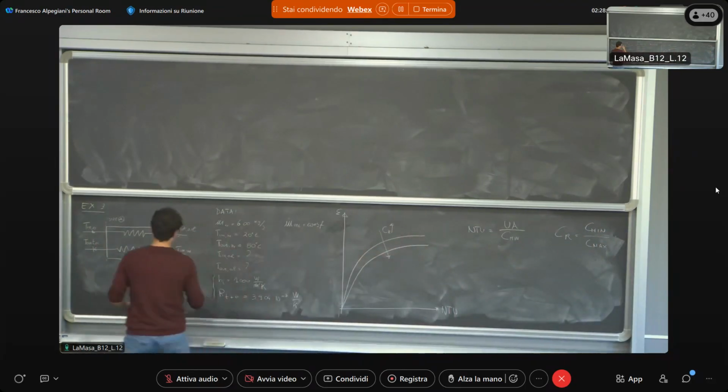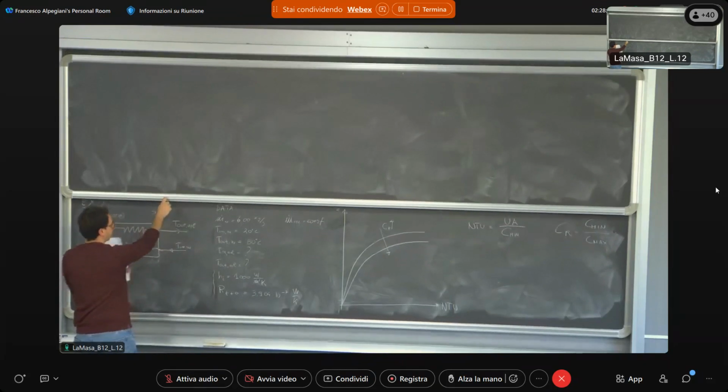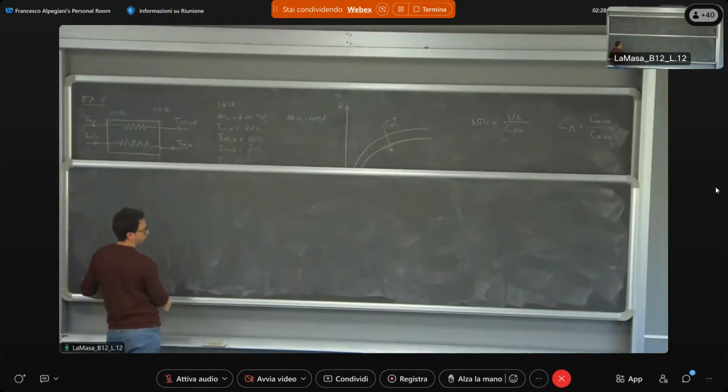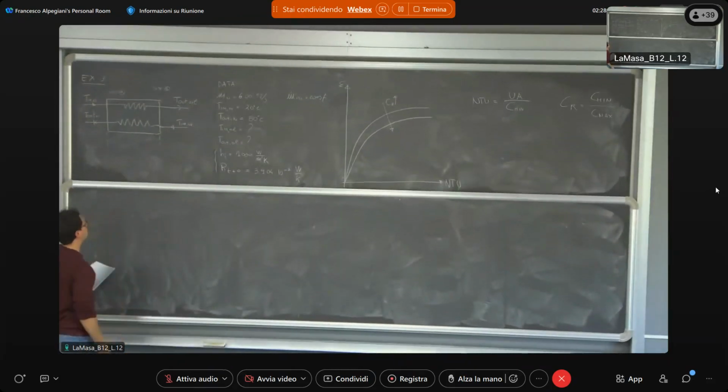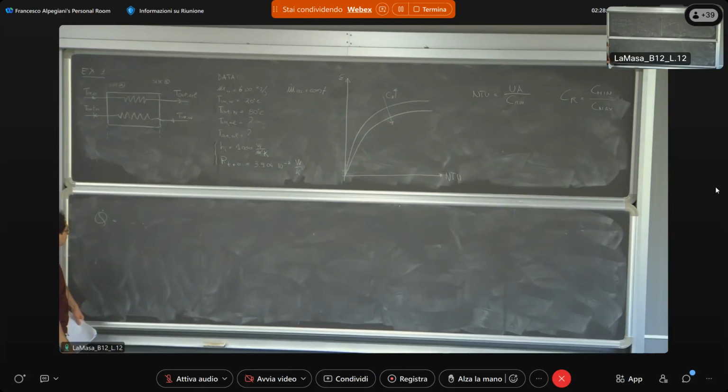So, in off-design condition, what we can say for sure is that the thermal power is doubled, because Q can be written as m of the water times the Cp of the water times the delta T of the water.